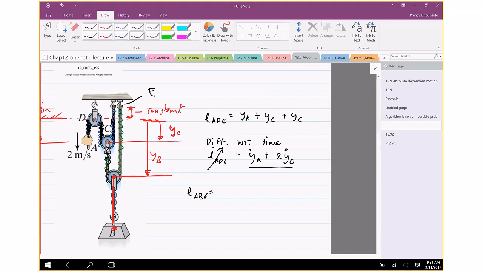It's YB minus YC, that's right. YB minus YC, right? Then the final thing I need to do is write this length. What's this length? It's just YB.